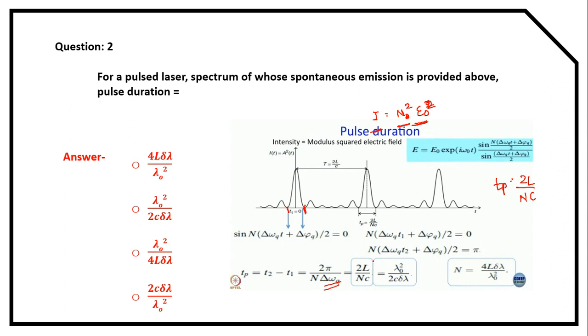We could deduce a relation, that is lambda naught square upon 2c delta lambda. From the further calculation, where we relate the equation of this electric field with the further sine equations, we can conclude that the value of Tp comes to be lambda naught square upon 2c delta lambda. Here delta lambda is the half width at half maximum, c is the velocity of light, and lambda naught square is the mode locked wavelength squared.